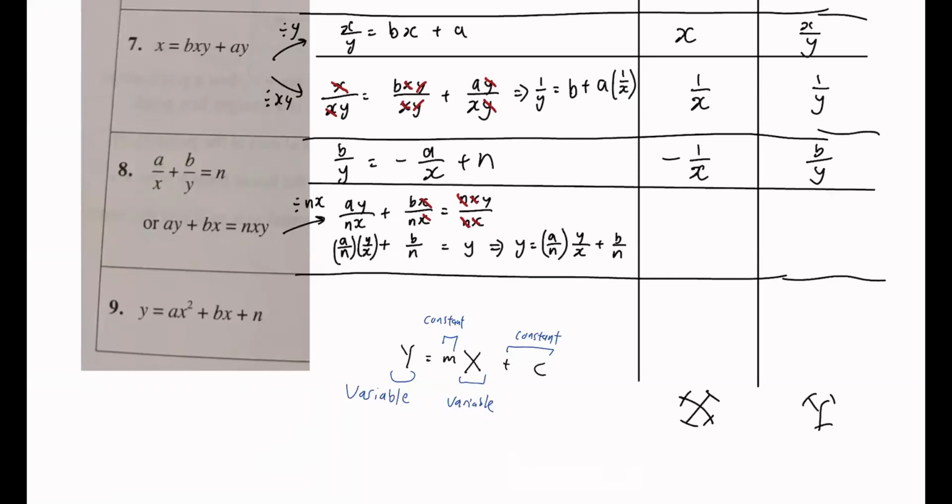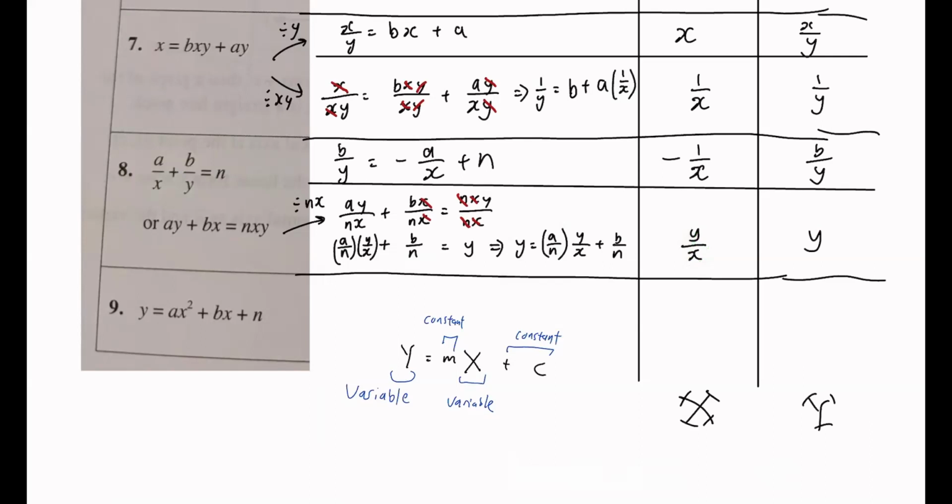Variable, constant. Exactly. Y over X and Y. Okay, that's another way. Many different ways you can figure it out because you can have a mixture of X and Y's.